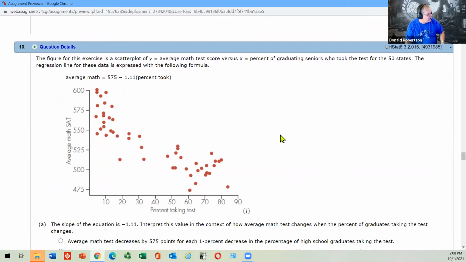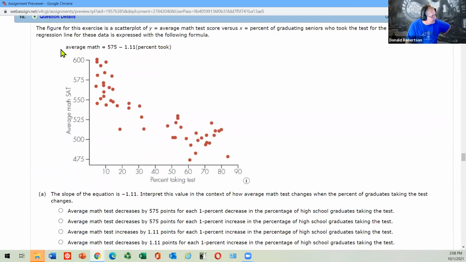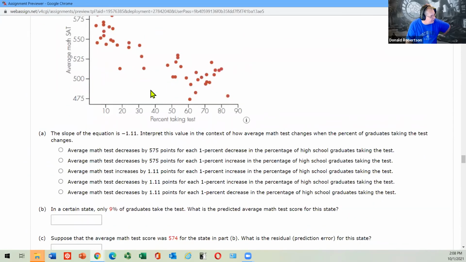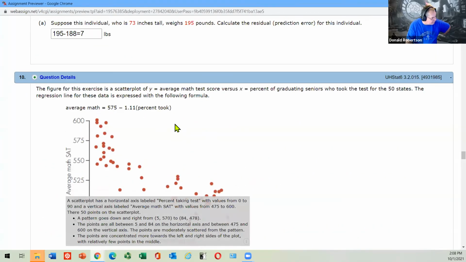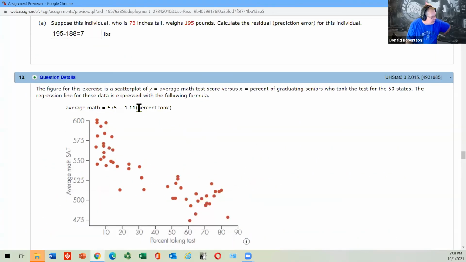Right, here is a scatter plot. Here is the equation of that scatter plot. Can you imagine answering questions like, what does the slope tell me? Now, the general description of a slope is, for every one, in this case, percentage took, won't the average math score go down by 1.11?